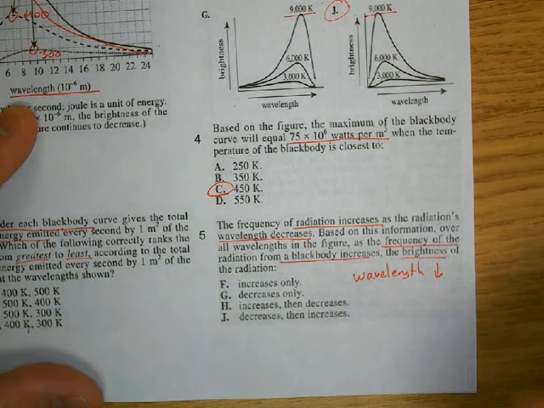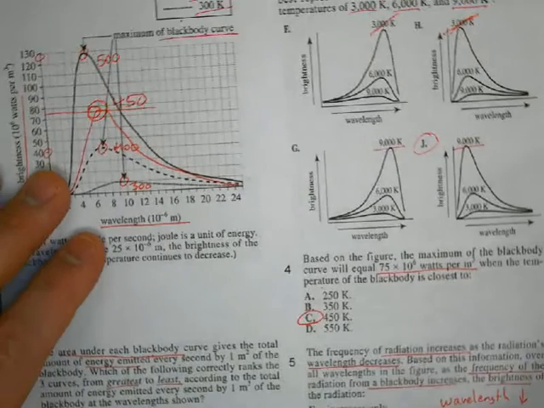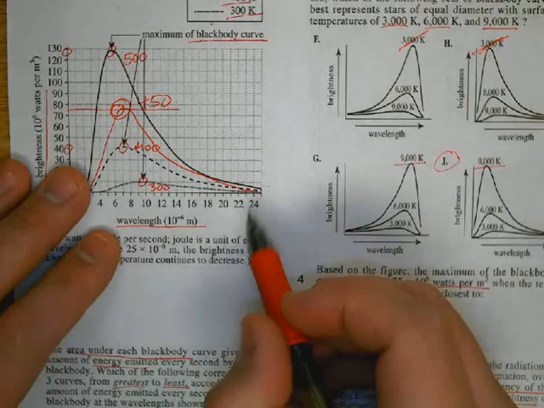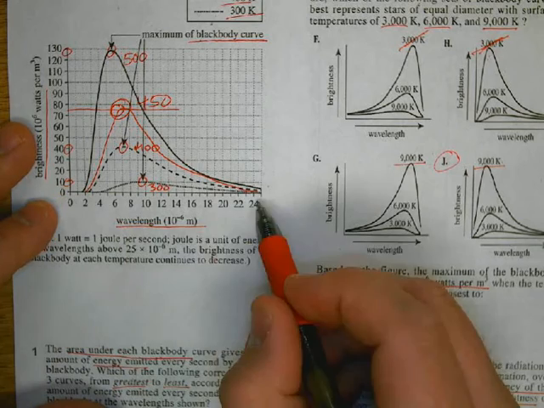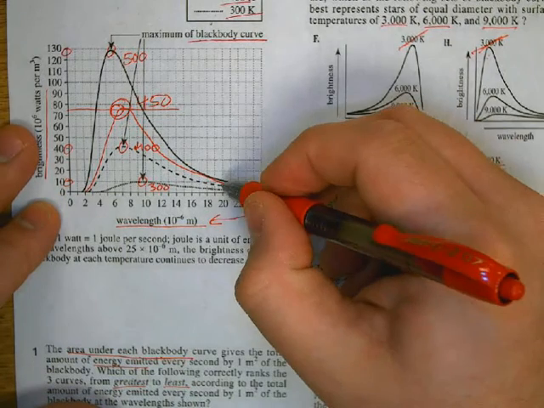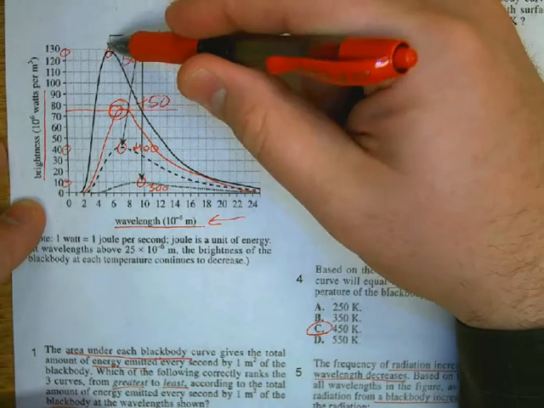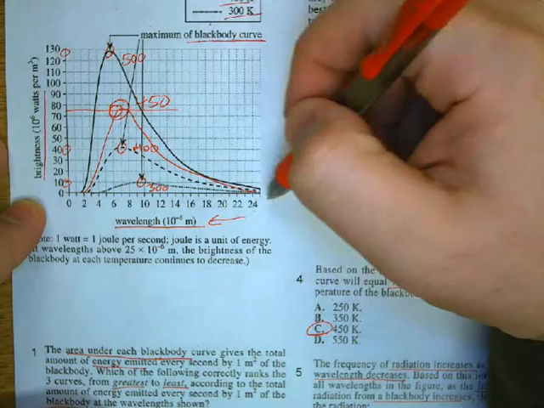And so if wavelength is going down, what's happening to the brightness? So let's look at our graph again. As wavelength goes down, as it goes this way, our wavelength is going to decrease, and our brightness is going to increase, and then it decreases again. So brightness increases, then decreases, which means our answer is H.